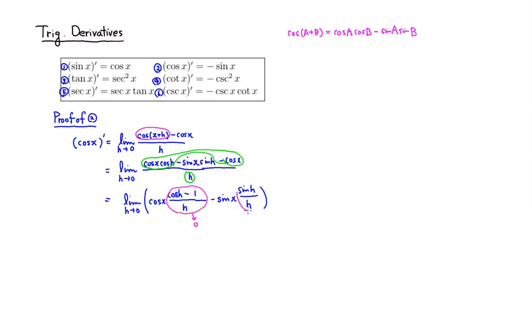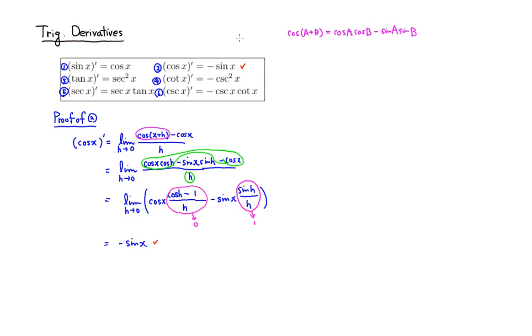And here, the limit of sine of h over h is the first of the useful limits. We know that this goes to 1. So the limit is negative sine of x times 1, so negative sine of x. Then we are done, so we could verify number 2.